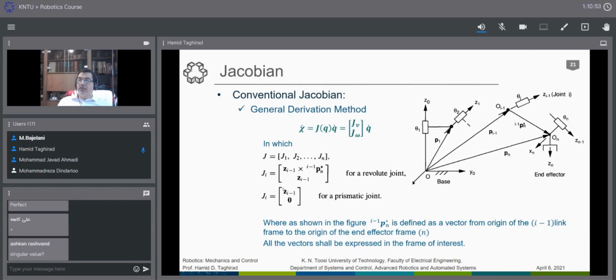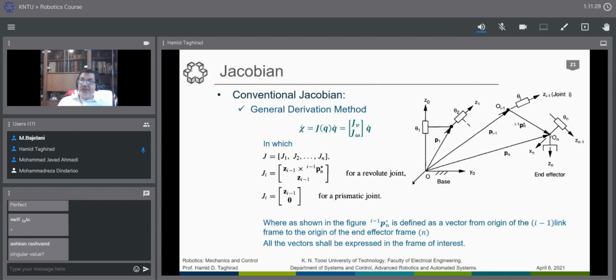And the rest is just to find a number of Jacobian columns and then put them together in a column-wise method. As you go forward, for example J1, the vector from here to here is much more difficult to find, rather than in Jn, where the vector from here to here is very simple to find.